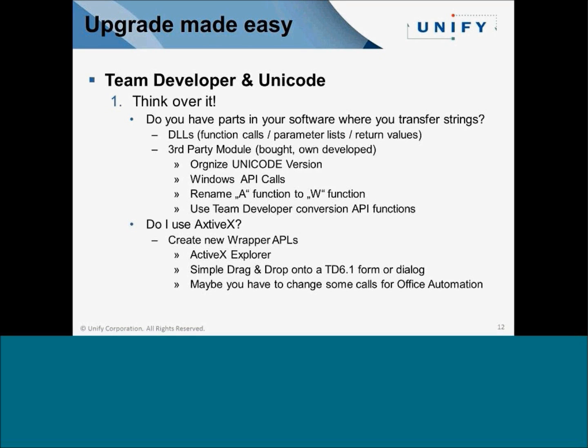Then maybe you have to change some function calls and parameter lists in the calls, because Microsoft changed some structures inside Office, or they changed some function names, class names, and so on. At this point, you will get an error during compiling, and you have to look into the APLs, the wrappers of the latest version of Office automation, and then you can easily change them with a new parameter list, or replace the right function name inside your source code.